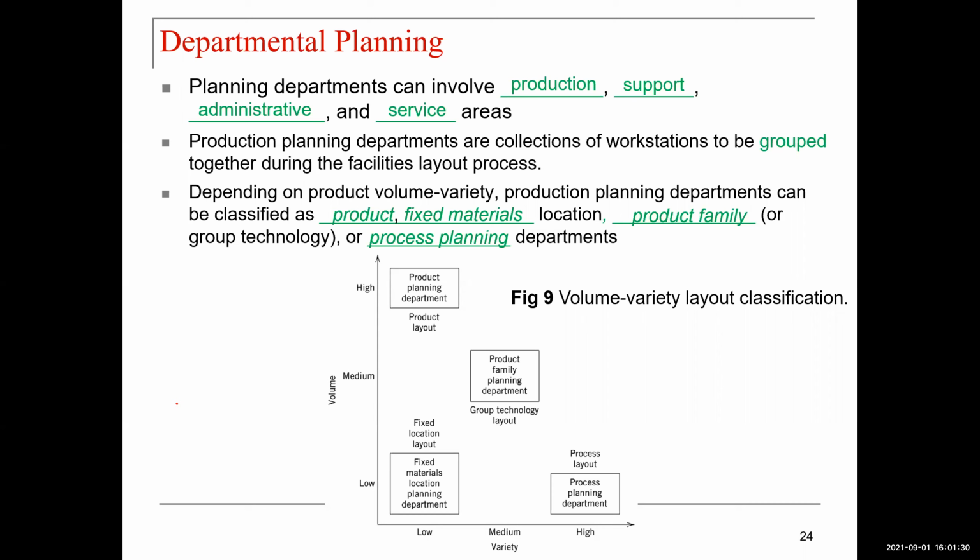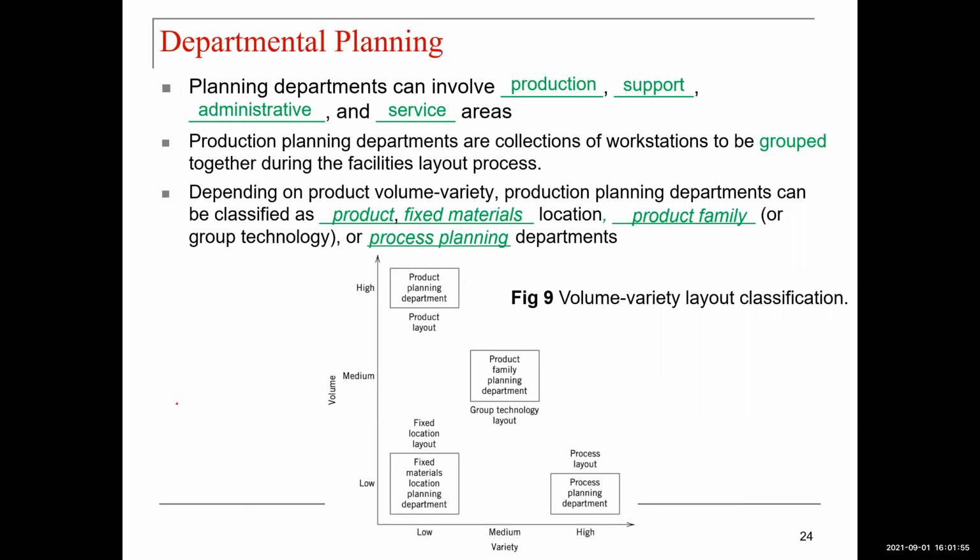That's very low variety, very low volume. For those cases, you want to have a fixed location layout. So you bring everything to the product and you build the product in that location. So a fixed materials location planning department. That's the type of department that you want to build.